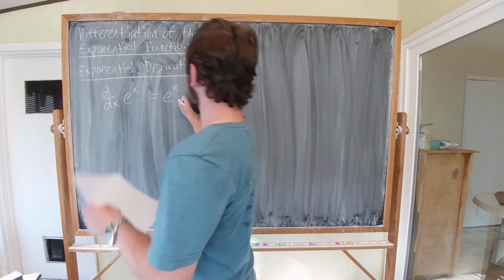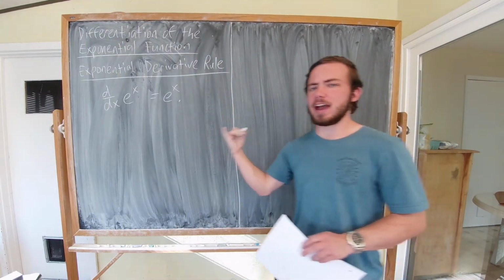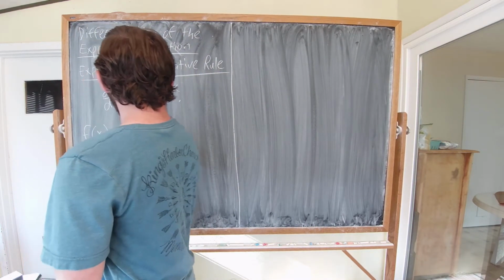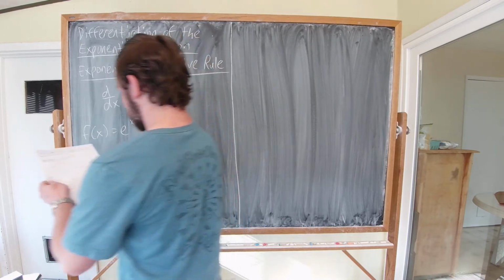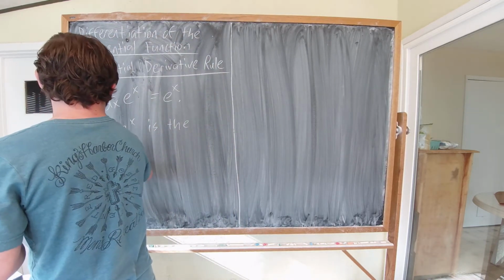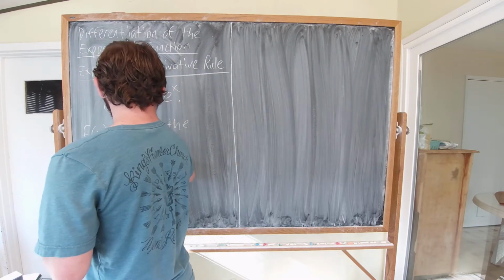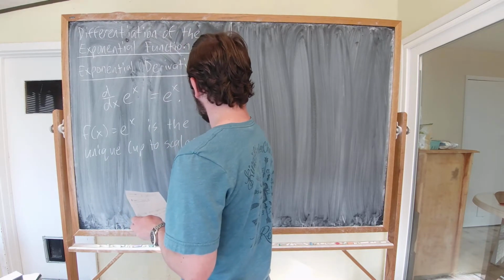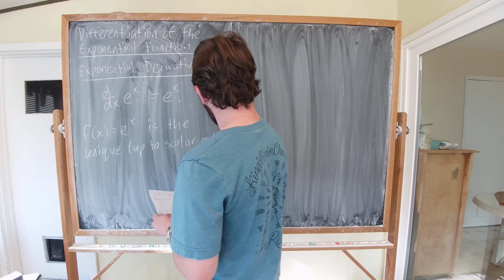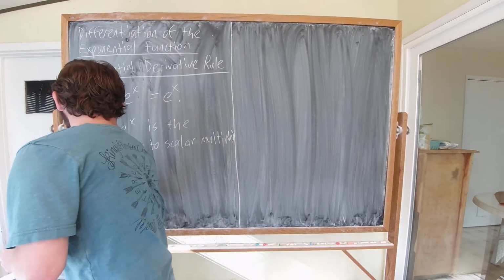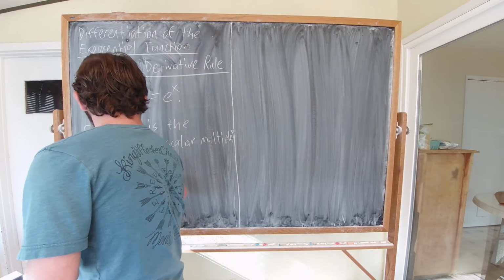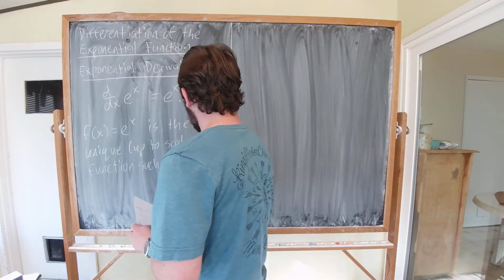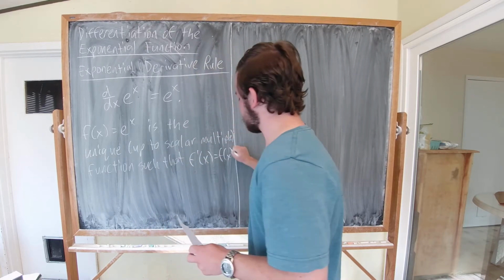In other words, the natural exponential function f of x equals e to the x is the unique, up to scalar multiple, function such that f prime of x is equal to f of x, right?